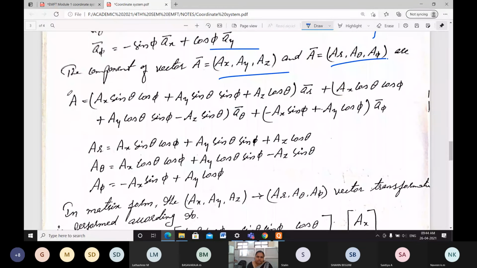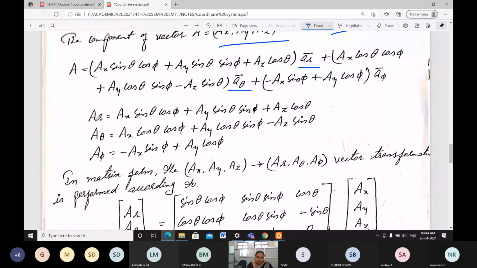This equation is going to be Ar equals Ax sin theta cos phi plus Ay sin theta sin phi plus Az cos theta.